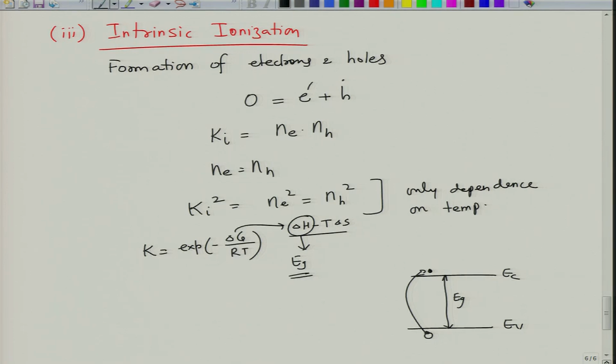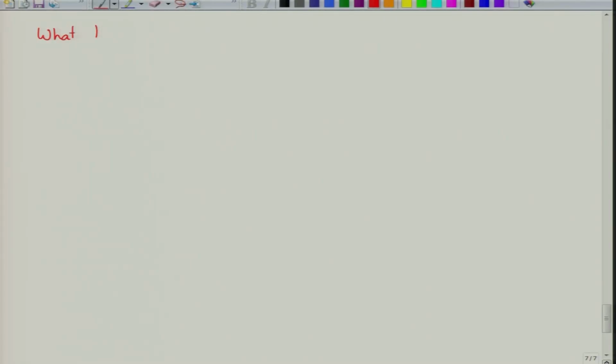So let us make a broader picture. Suppose you have an oxide, a dielectric oxide, at a broad range of ambient conditions. How can you define them?